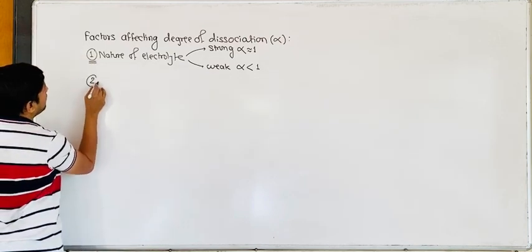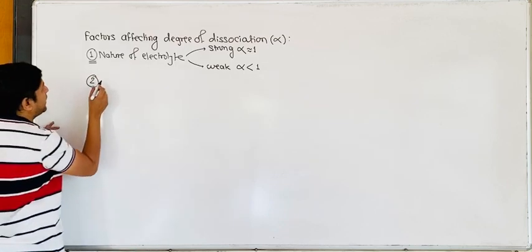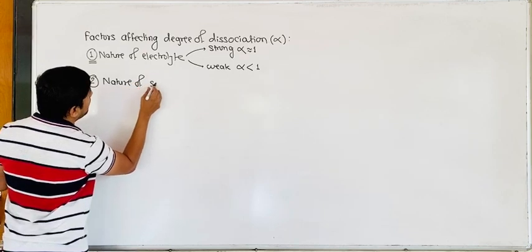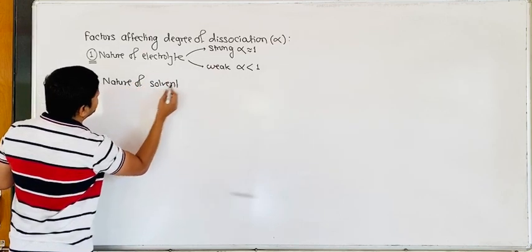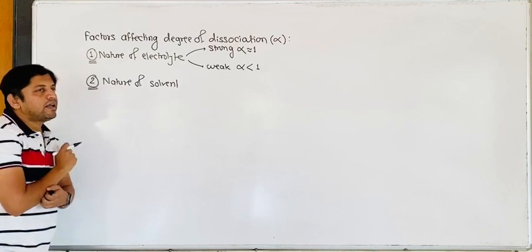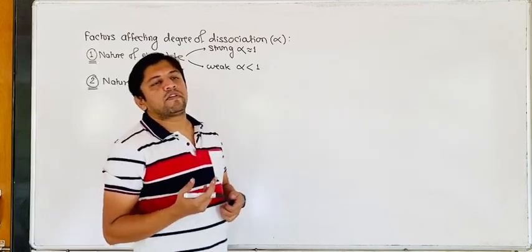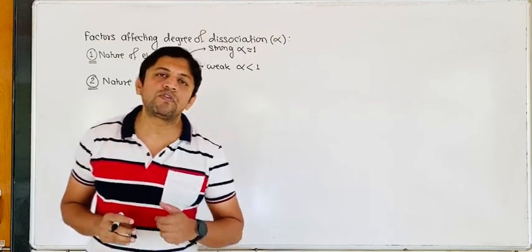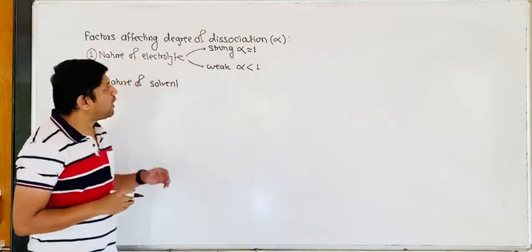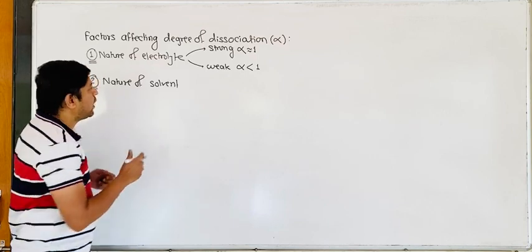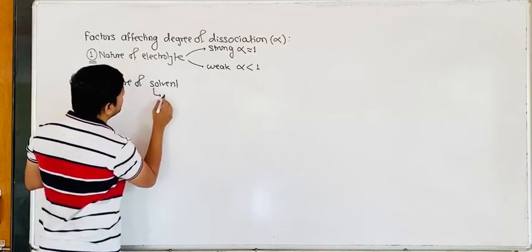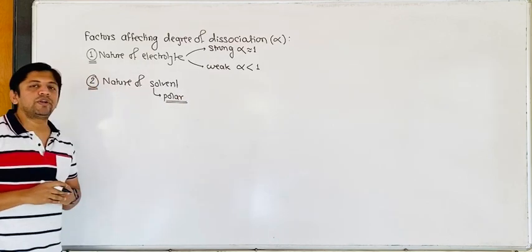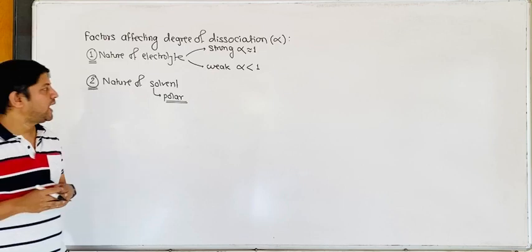Now the second factor on which the degree of dissociation depends is the nature of the solvent. We know that polar substances are more soluble in polar solvents, whereas non-polar substances are more soluble in non-polar solvents. Now, in order to form ions, the solvent must always be polar.